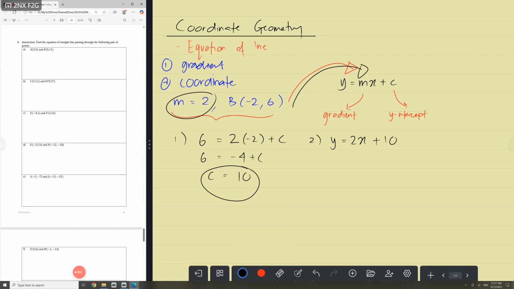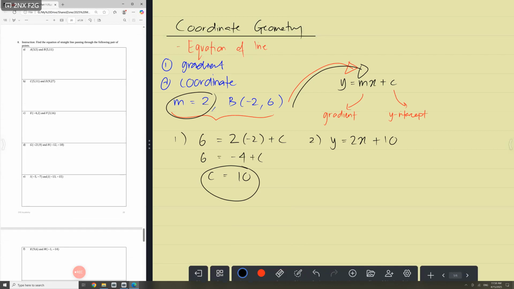What we have learned in previous videos is that if you have 2 coordinates, you can find the gradient. So from your 2 coordinates, you find the gradient first, then use either point A or B, any one of the 2 points given, as your coordinate, and then do the same steps as what you have seen in this video.